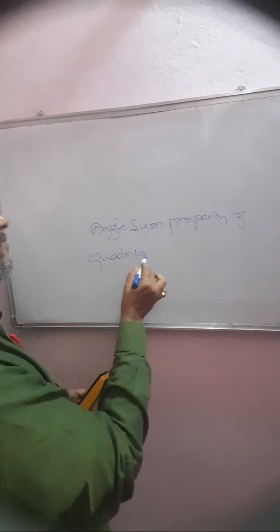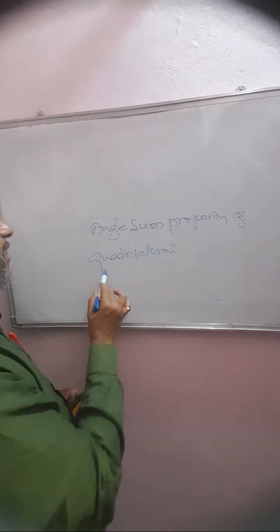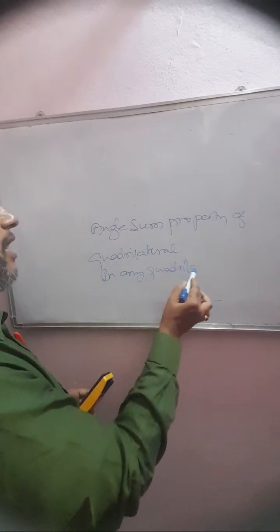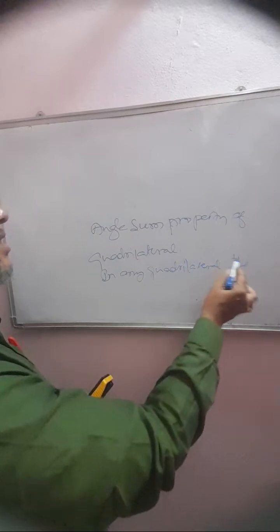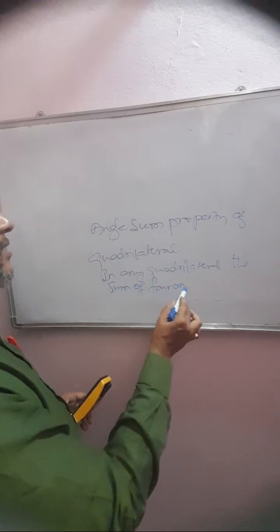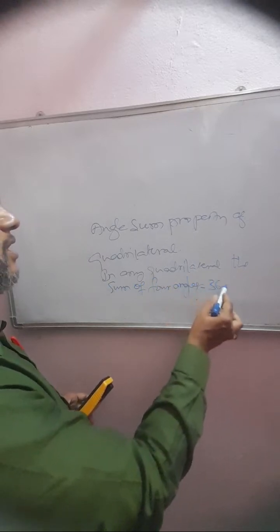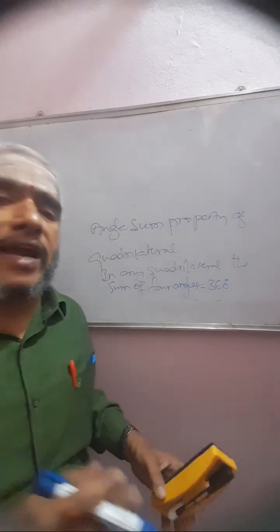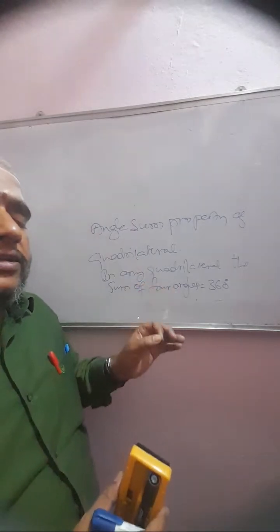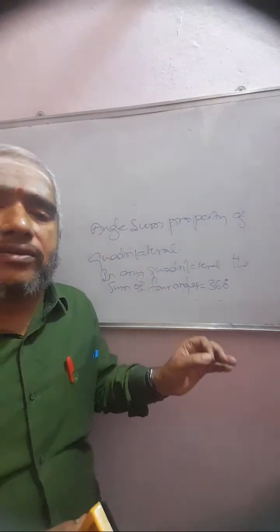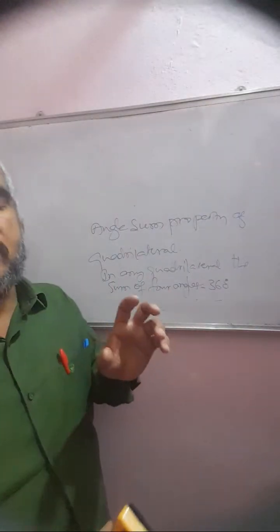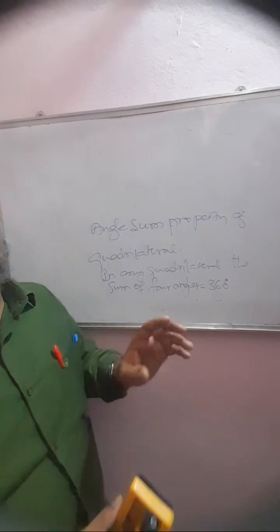Angle sum property of quadrilateral: in any quadrilateral, the sum of four angles is equal to 360 degrees. It is the same as the triangles chapter. In triangles, the sum of the three angles is 180 degrees. In a quadrilateral, the sum of the four angles is 360 degrees.